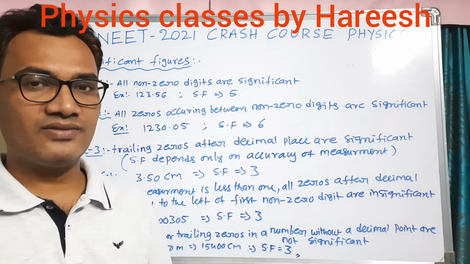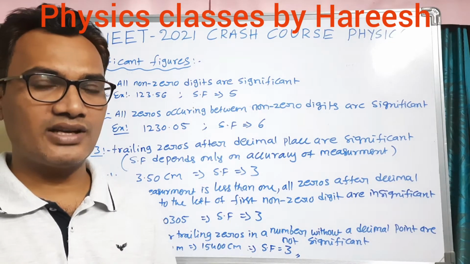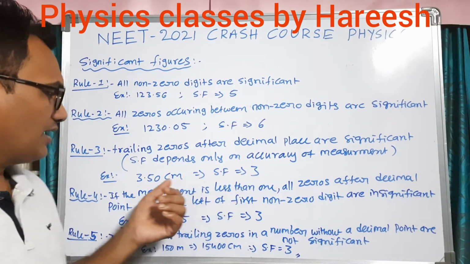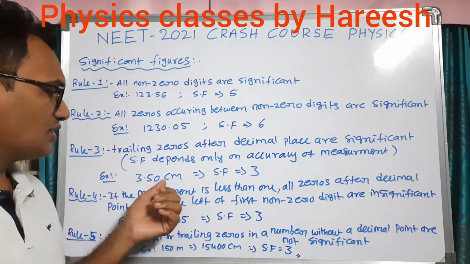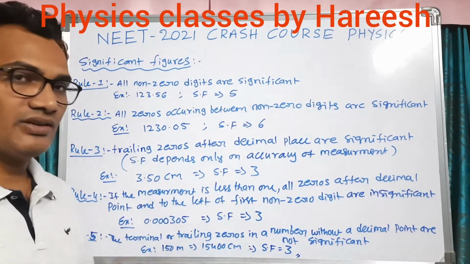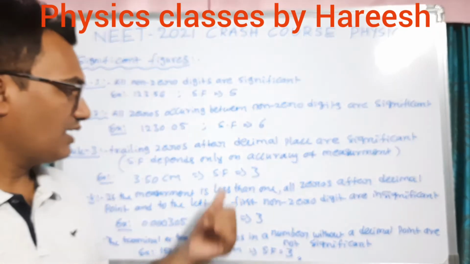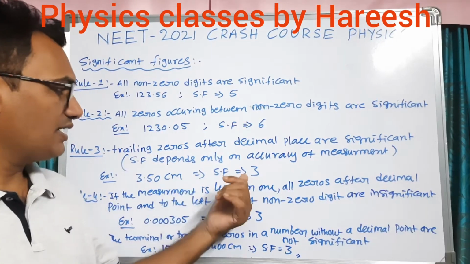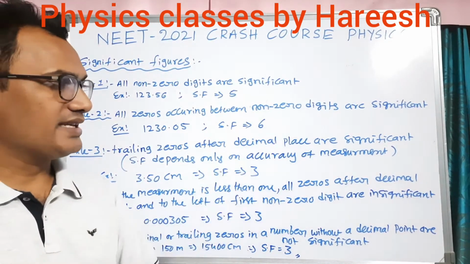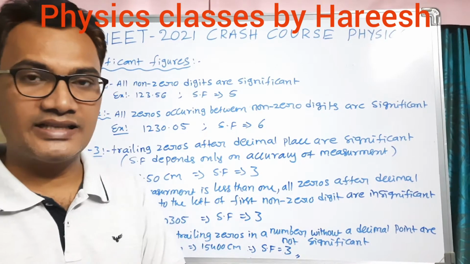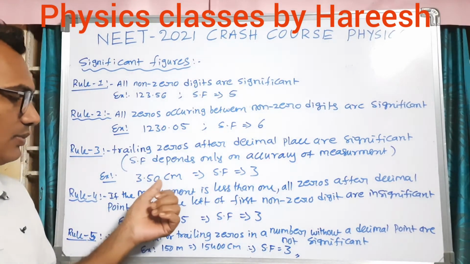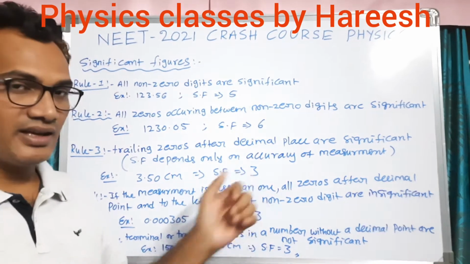The measurement you have taken, which is very close to the accuracy, we can define based on the significant figures. For example, 3.50 centimeter. Here the zero is significant, and the number of significant figures of the given measurement is 3. So trailing zeros after decimal places are significant. Example: 3.50 centimeter has 3 significant figures.